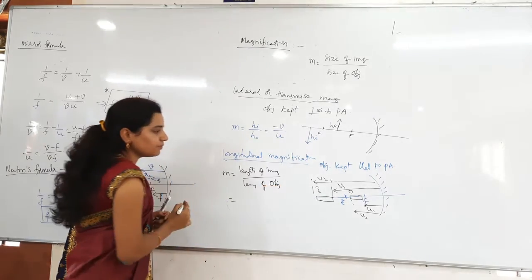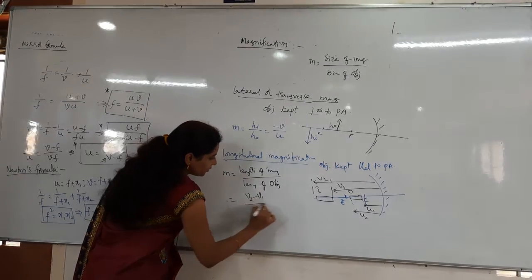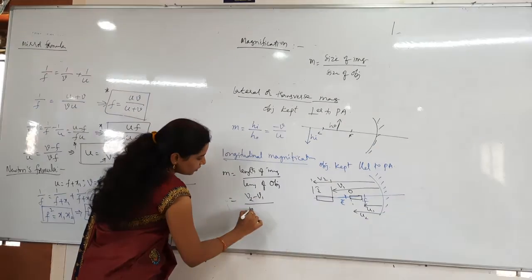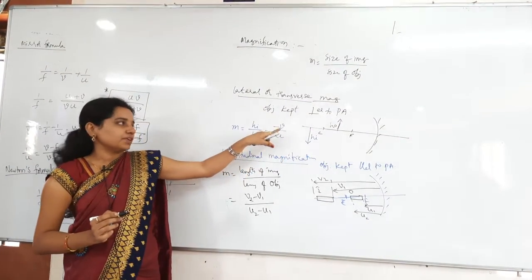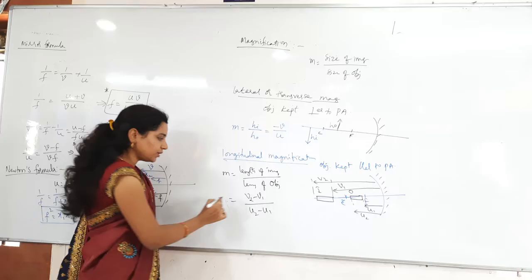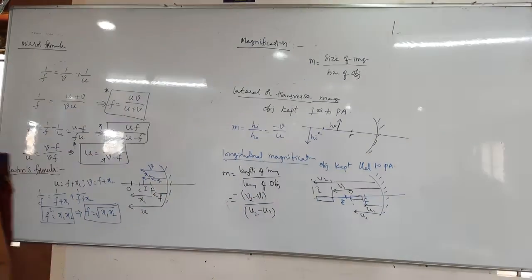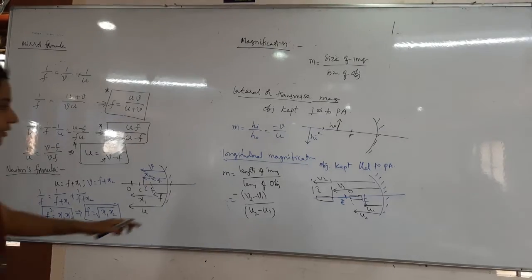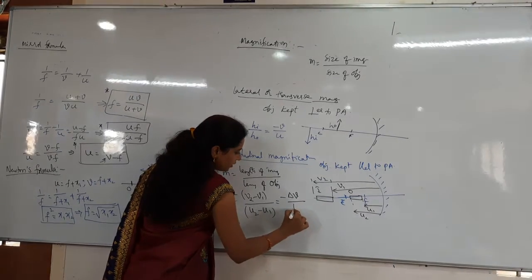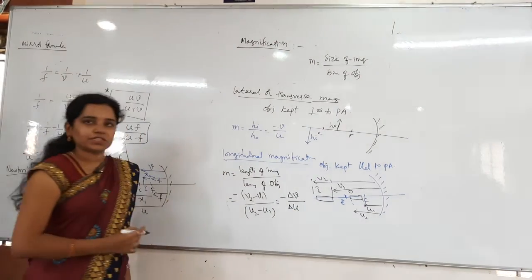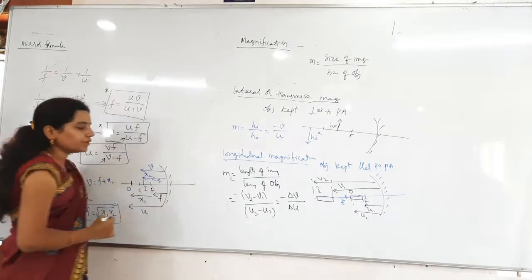Length of the image is V2 minus V1, divided by length of the object, U2 minus U1. By the way, image distance and object distance will be negative here, so I have taken it as negative. So V2 minus V1 is simply minus delta V by delta U also. A simple formula. And after that we will take this as the longitudinal magnification.